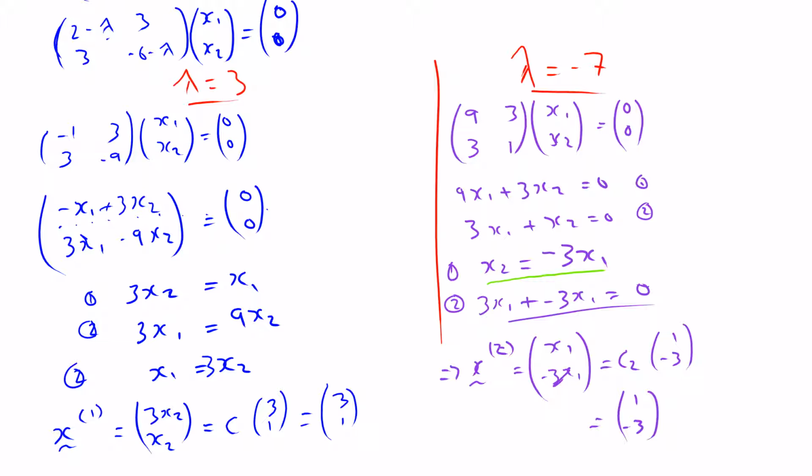So as a quick recap, what did we do to do this question? The first thing we did, number 1, was we found the eigenvalues. To do this, we had to solve the determinant of A_n minus lambda I_n equals 0 for lambda. So lambda is our eigenvalues, and we had to solve this equation.